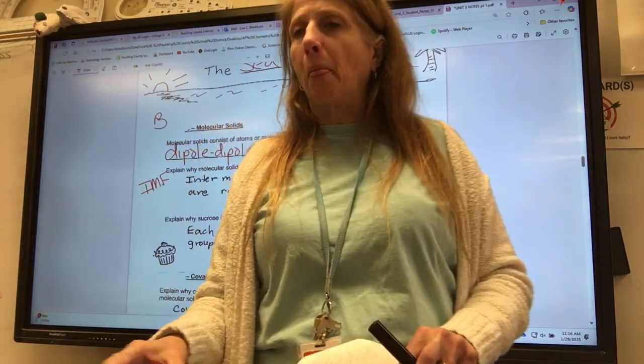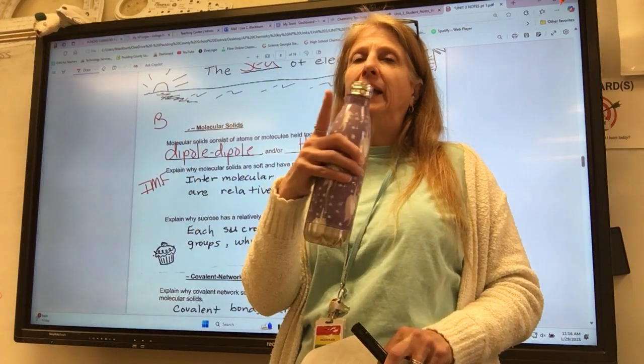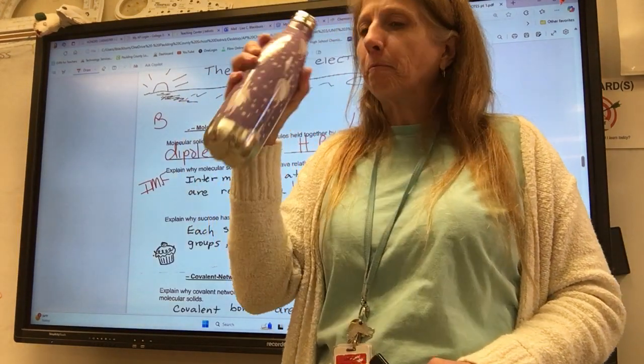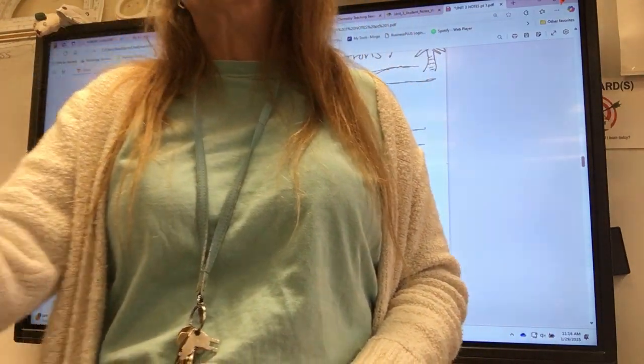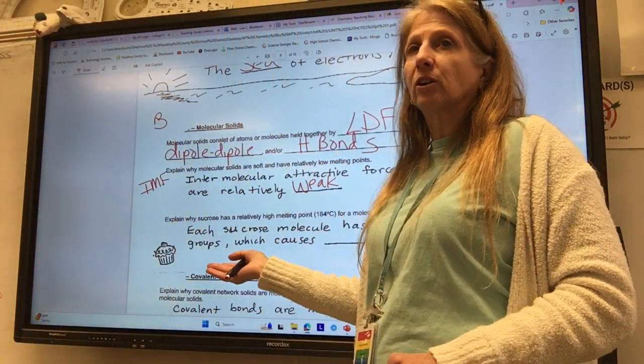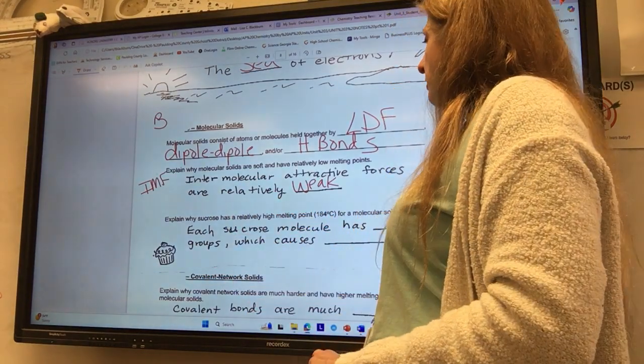But what about sugar? Does sugar melt easily? I'm not putting it in water, but heating it up. Remember when you heated it up in lab? Which one melted easier, wax or sugar? The wax, right? So what's going on with sugar? It's a molecular solid. Why is it so hard to melt?